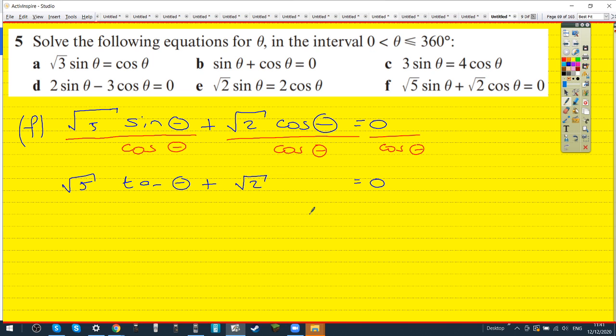And then would you minus square root 2 on both sides? Yep. Which would give you square root 5 tan theta equals minus square root 2. And then could you put that into the calculator? Yep.